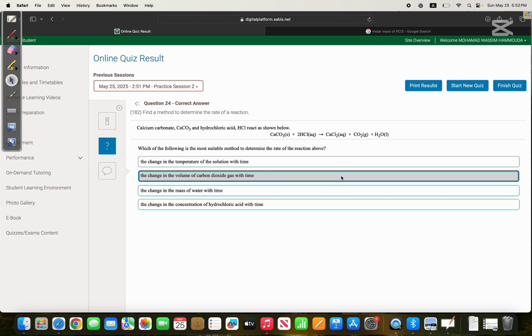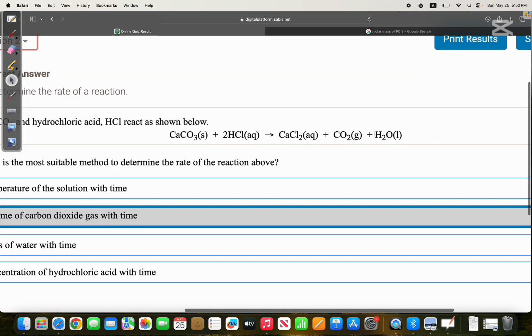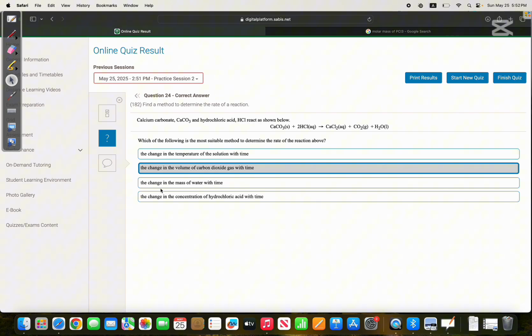So the change in volume of carbon dioxide, which is a product, over time. The change in mass of water over time, no, because it's a product. The change in concentration of hydrochloric acid over time, because we only care about the change in volume. We just memorize this question, okay?